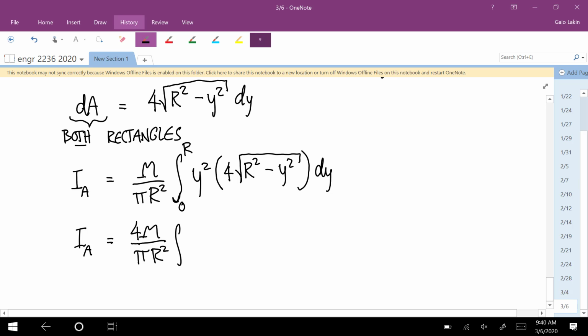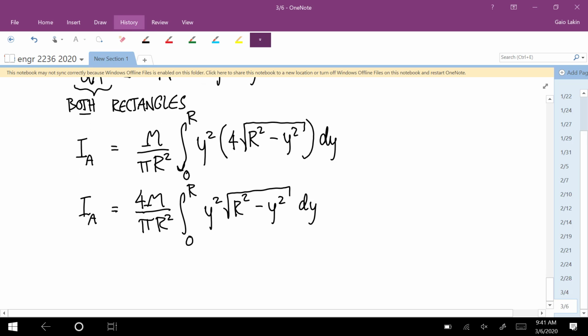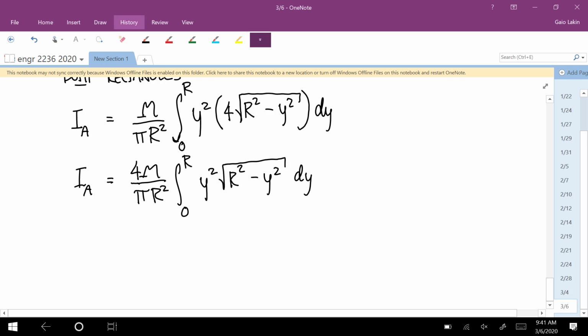The integral from 0 to R of y squared times the square root of r squared minus y squared dy. So anybody have an idea how to do that?